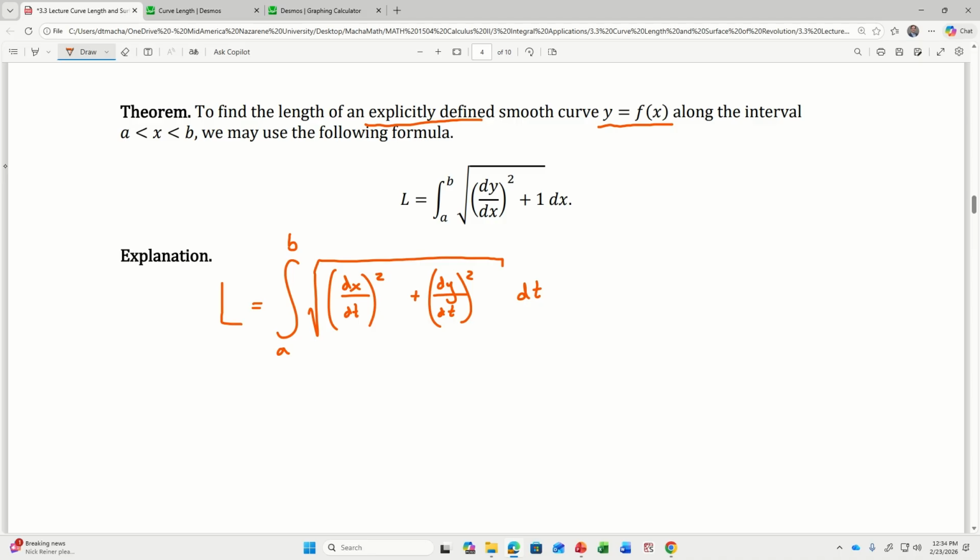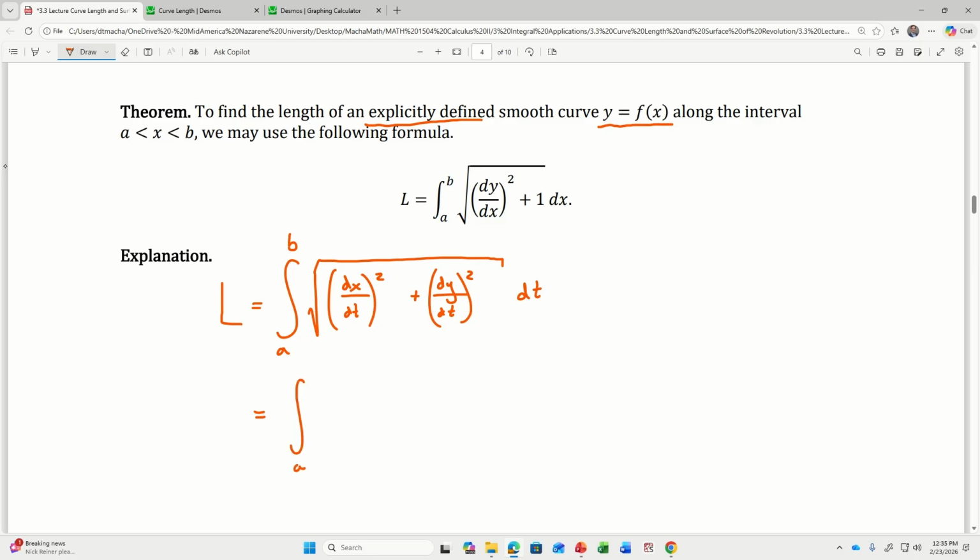Now, what if I were to factor out that dt? If I factored in the dt, it would be like dt over dt.